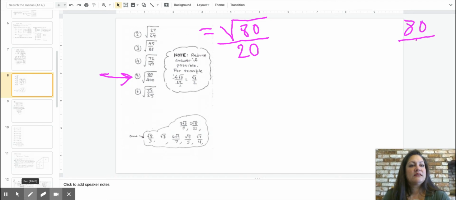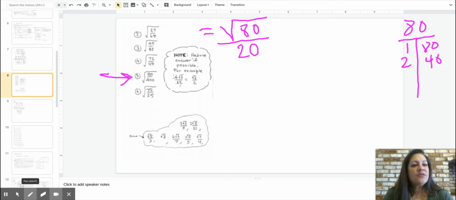Here we go. 1 times 80, 2 times 40, 3. Let's see here. 3 goes in there twice. Oh, that does not work.